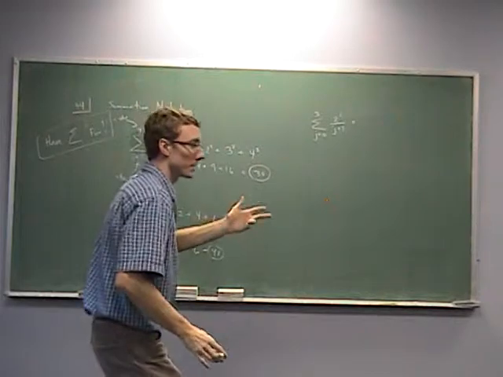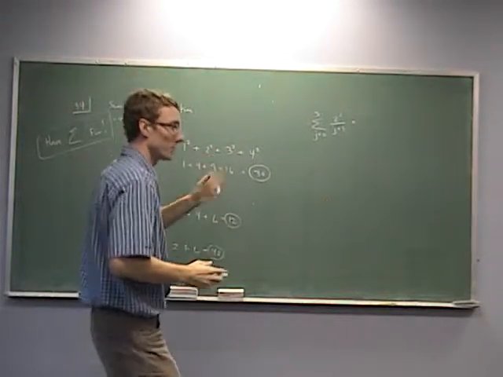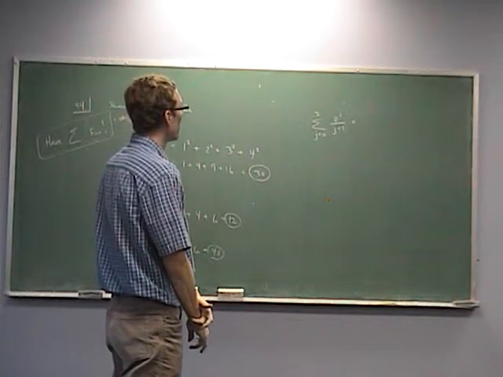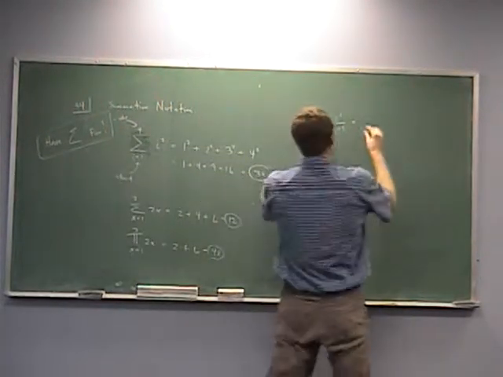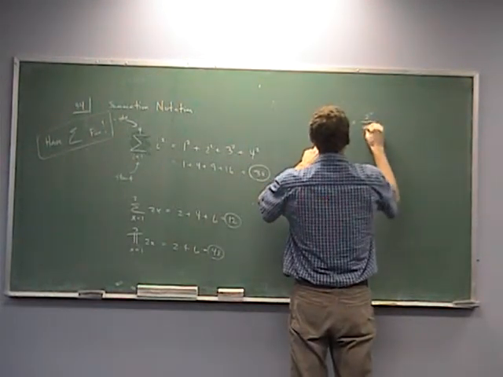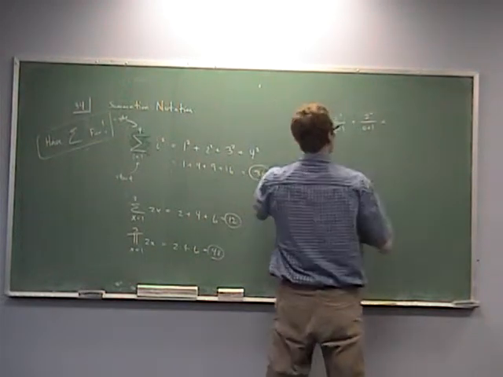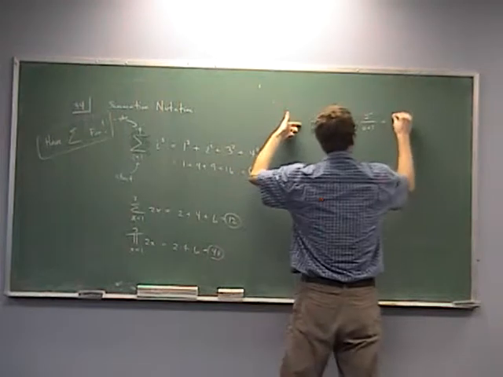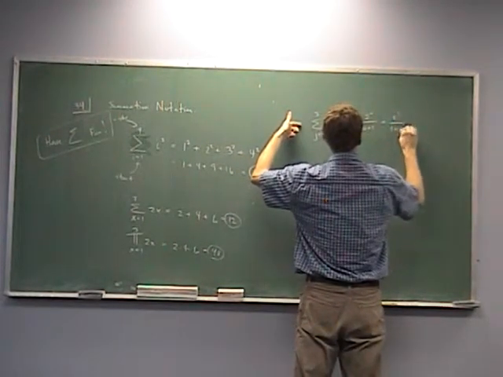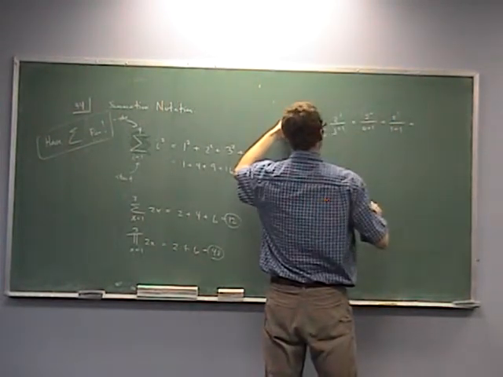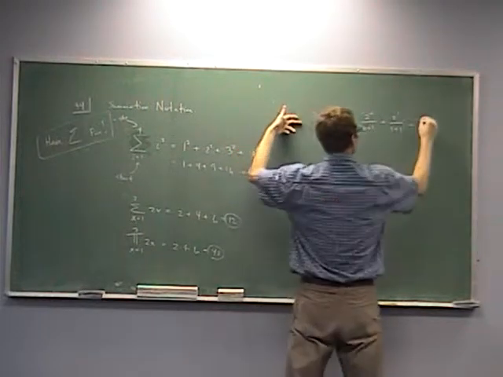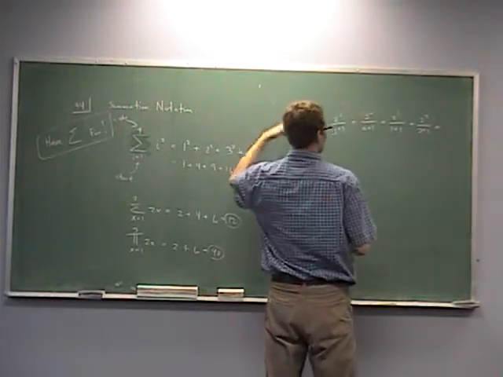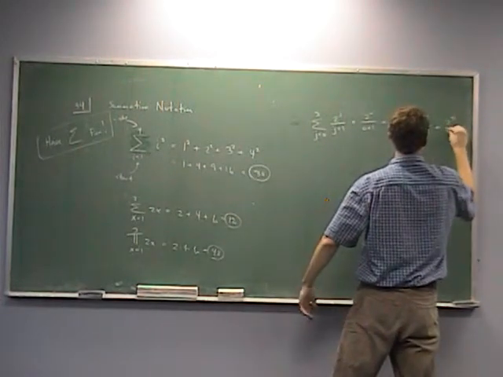But we do j equals 0, 1, 2, 3, and sum them all up. J equals 0: 2 to the 0 over 0 plus 1. J equals 1: 2 to the 1 over 1 plus 1. J equals 2: 2 to the 2 over 2 plus 1. J equals 3: 2 to the 3 over 3 plus 1.